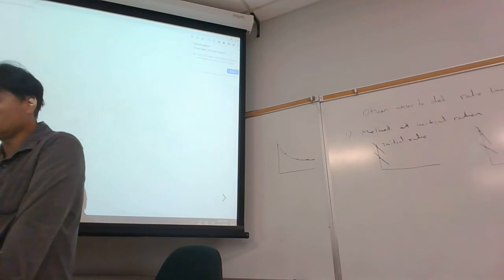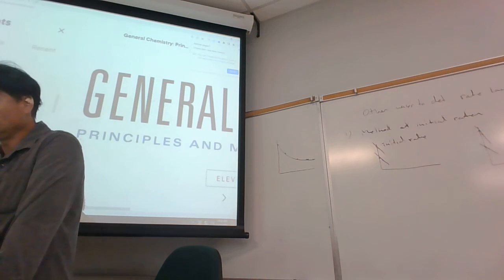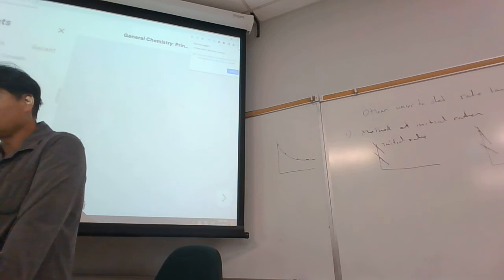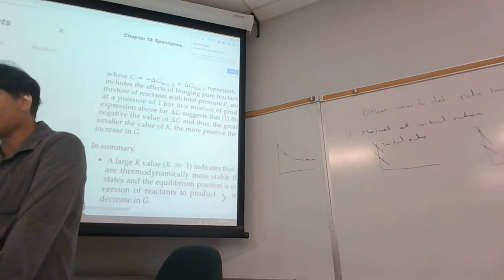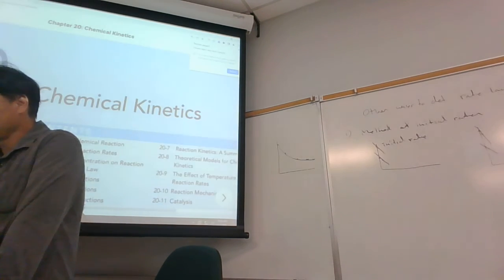Okay, so let's take a look at a typical example of method of initial rates. We could do a calculation, but most of the time we don't do precise calculation. We just kind of estimate it and see, because there aren't that many choices here.